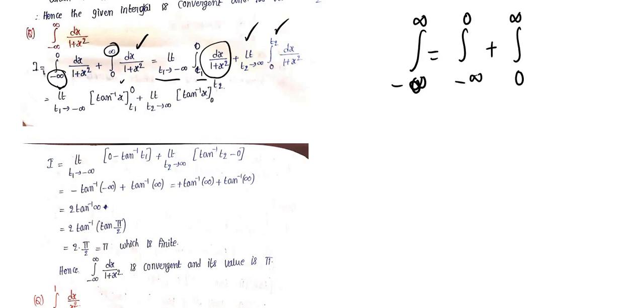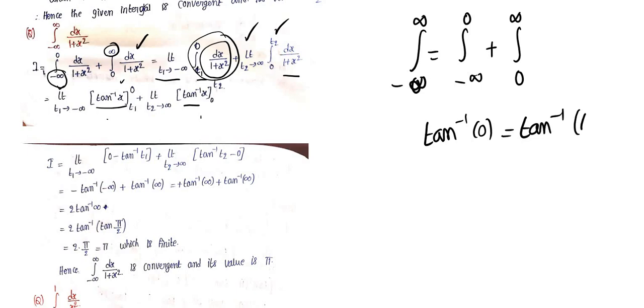Next, the integration of dx by 1 plus x square is tan inverse of x. Here also same term is there. That's why integration is tan inverse of x. Now I am going to substitute upper limit and lower limit for these two terms. Then I am getting tan inverse of 0. But tan inverse of 0 can be written as tan inverse of tan 0, that means 0 only.